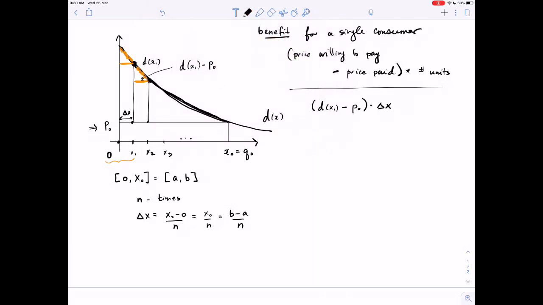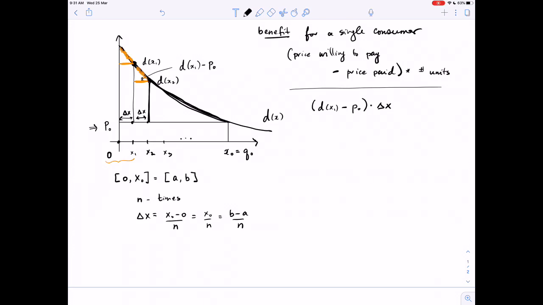So that value here is d of x2. And so their benefit is, again, a subtraction. It's d of x2 minus p0. That's a price per unit, so times the number of units, delta x.